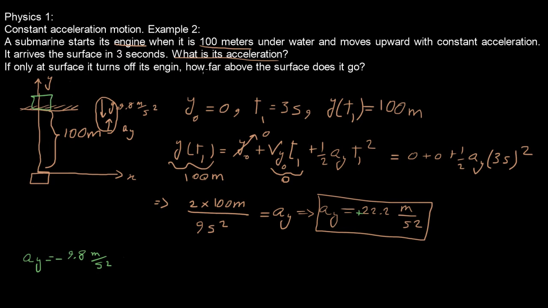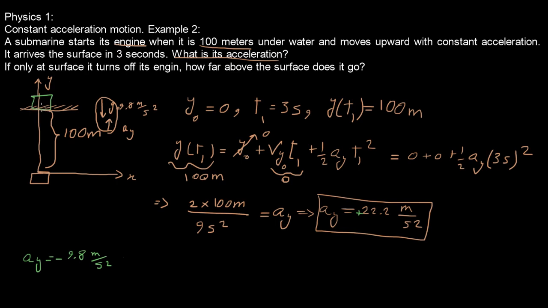When solving the second part of the question, we would like to reset our stopwatch. It is easier to start from time 0, assuming that time is 0 when the submarine is here. And also we need vy naught, the speed of the submarine upward at this time. So before going to this problem, let's go back to the previous problem and find the speed of the submarine when it arrives here.